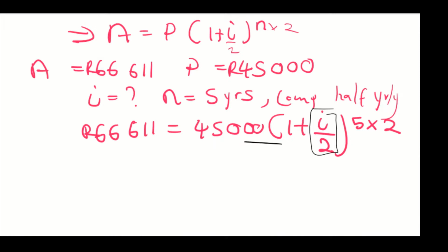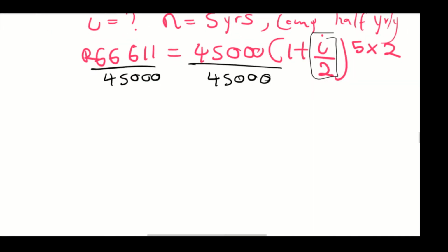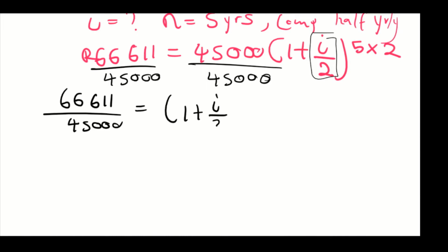So we will have 66,611 divided by 45,000 Rand is equal to 1 plus i over 2 to the power of 10 now, because 5 times 2, and we still need what's inside, right?